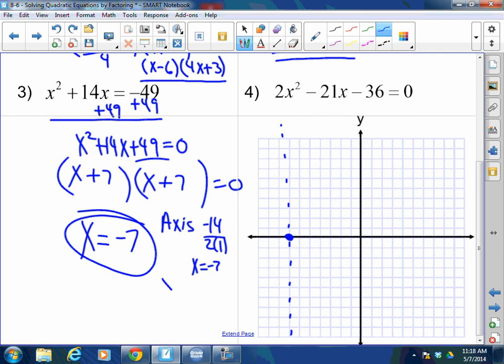So what's my y-intercept? 0, 49. Let's go by intervals of 7. 7, 14, 21, 28, 35, 42, 49. That's 1, 2, 3, 4, 5, 6, 7 to the right. Go 1, 2, 3, 4, 5, 6, 7 to the left. I know it's off my grid, but you see the point, and that's my graph.